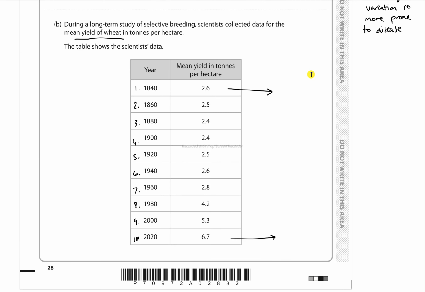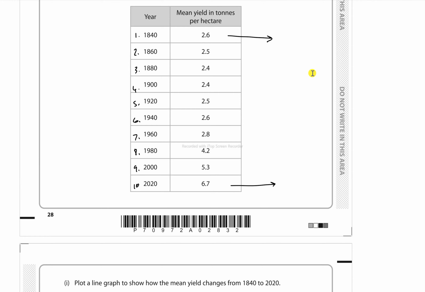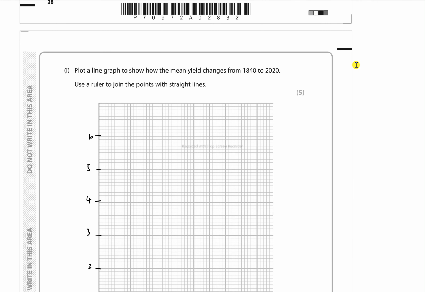You go up, and that is mean yield in tons per hectare.